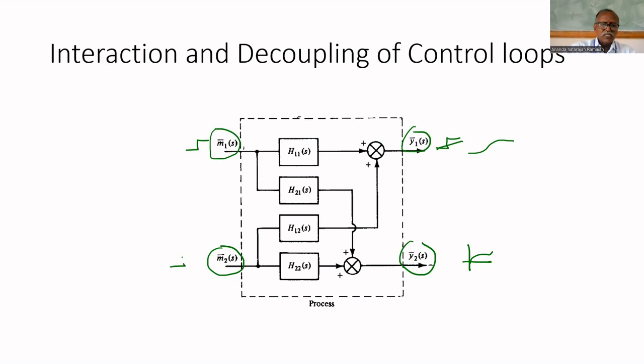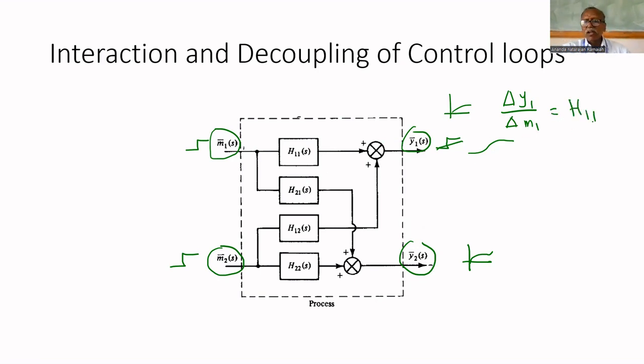If you give a change in M2, there will be a change in Y1, which means M2 and Y1 are interacting. M1 and Y1 are interacting. Let us find the transfer functions of all these interacting loops. The change in Y1 with respect to change in M1 is called H11.